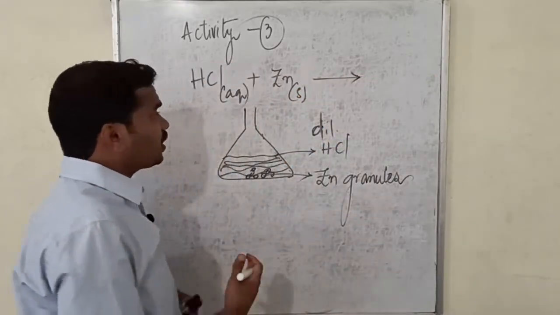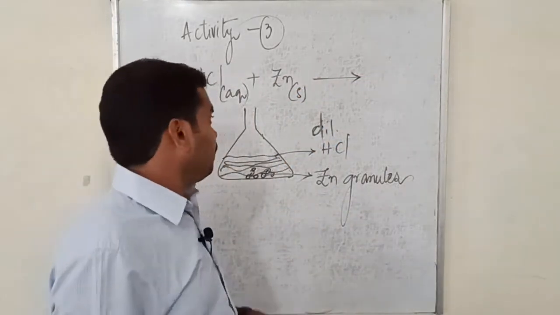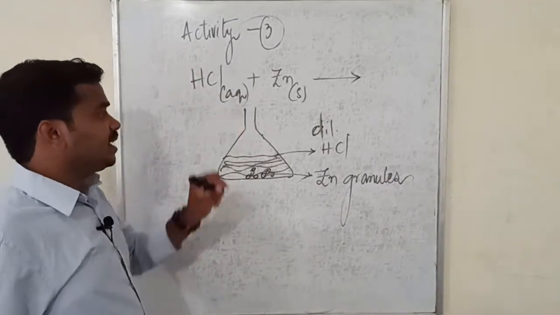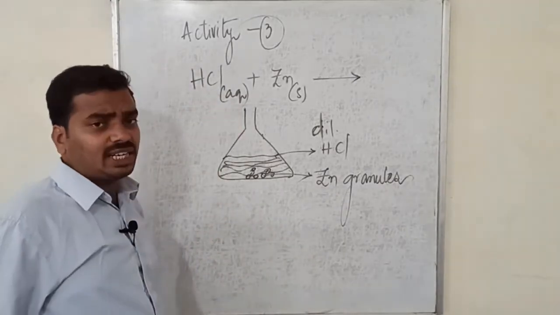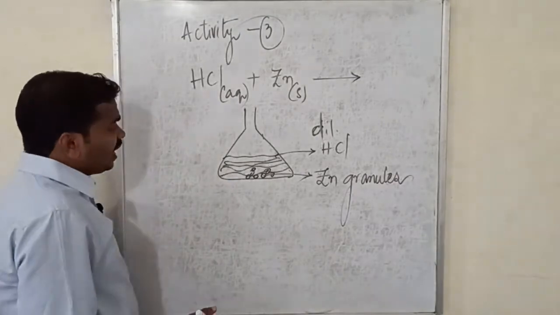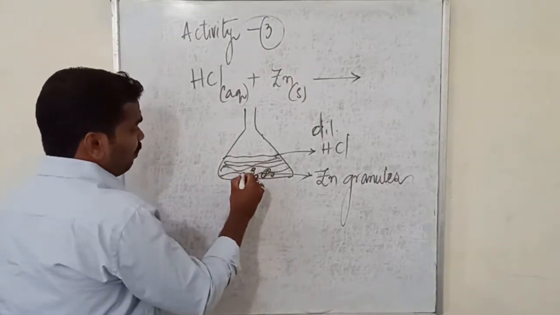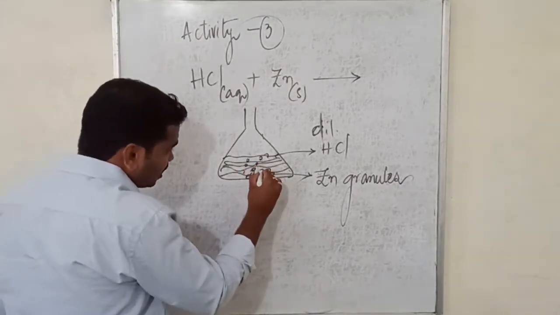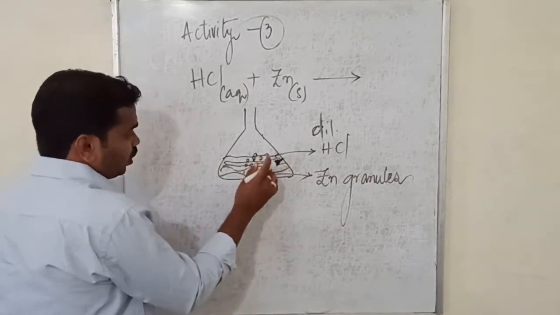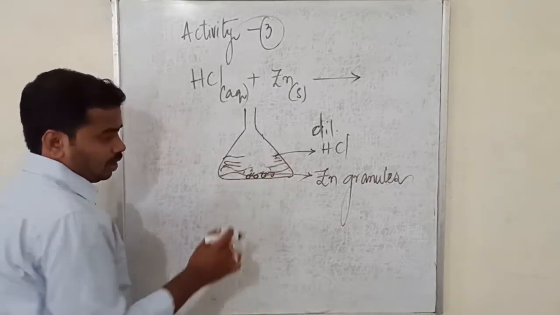Now we shall see what is liberated. When this HCl and zinc react, immediately there will be some bubble formation within this acid. You can see some bubbles are getting formed.